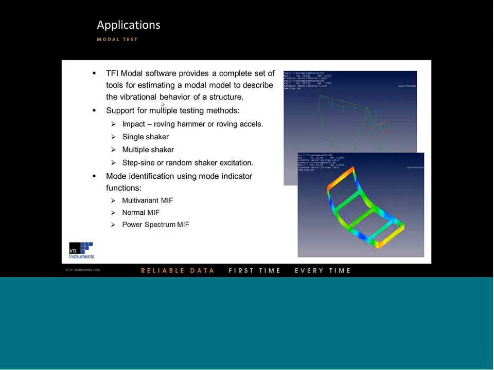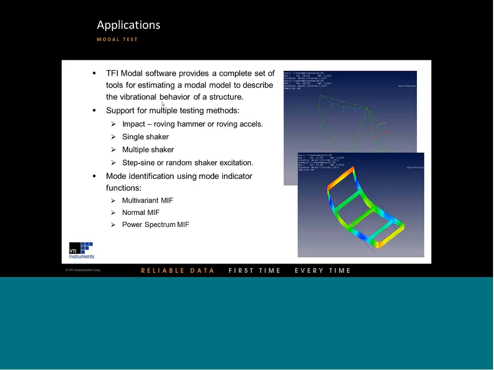Single shaker testing, multiple shaker testing, and for shakers you can use a sine, step or random shaker excitation. The goal here, of course, is to generate the frequency response function between the excitation points and all of the measured response points.